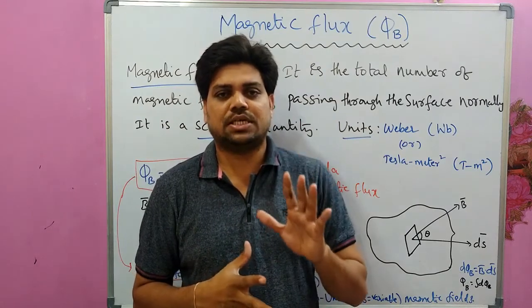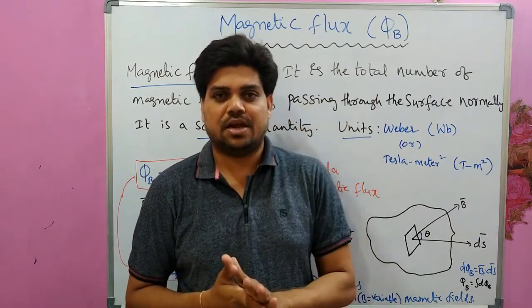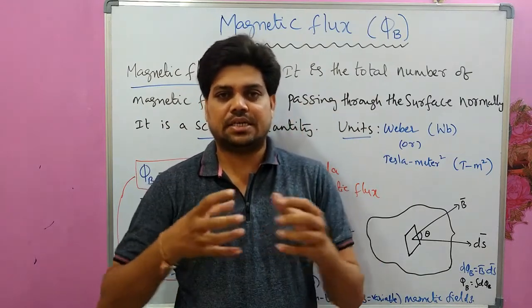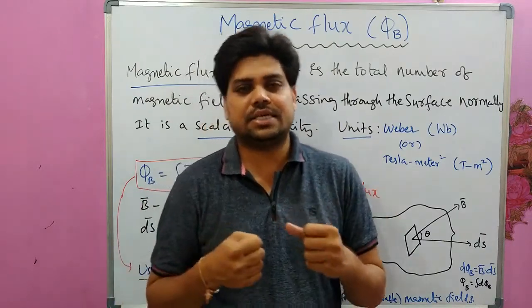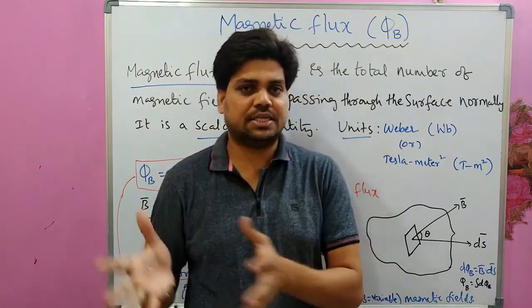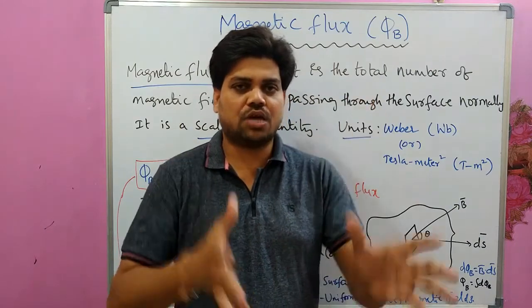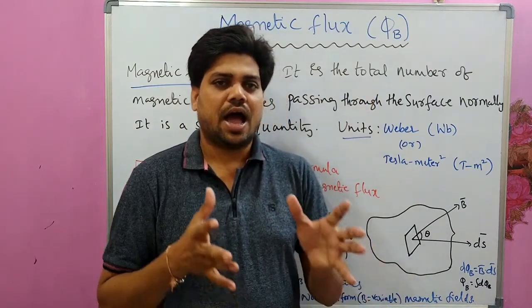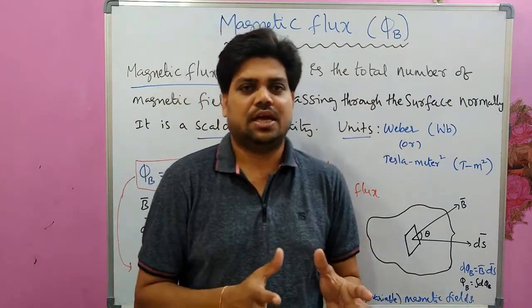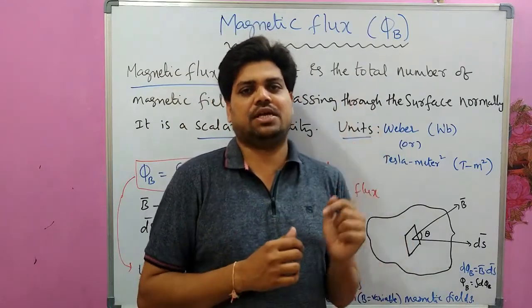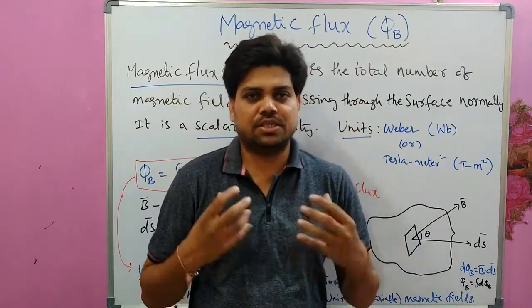There I was discussing about area vector, how area vector direction is considered for 2D surfaces and 3D surfaces. If you have not watched that video lecture, I do suggest you to watch that. I will provide the link of that video lecture in the description column of this video lecture.